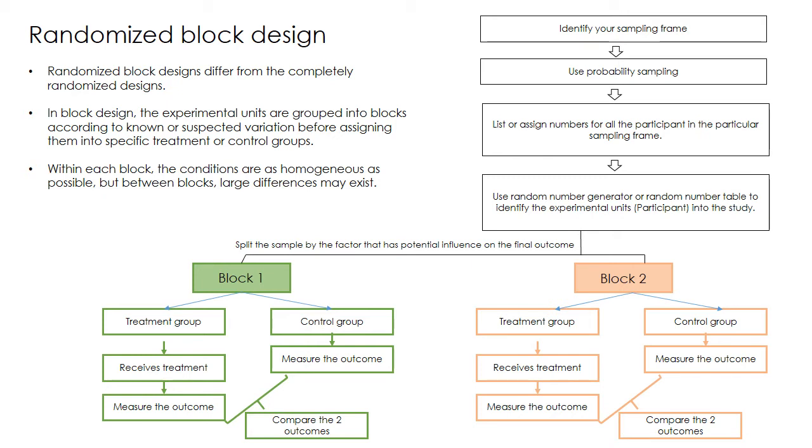The first steps are similar: you identify your sampling frame, you use probability sampling, and you assign them numbers or IDs.